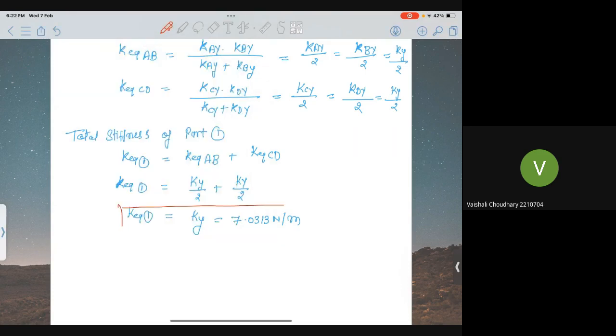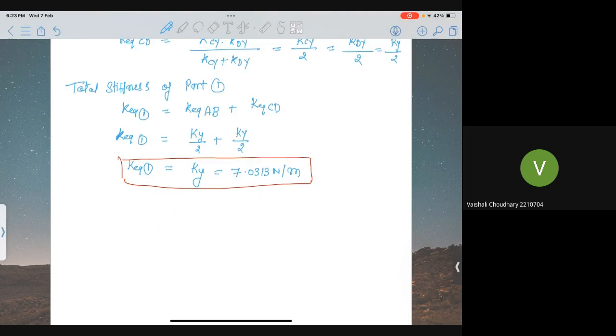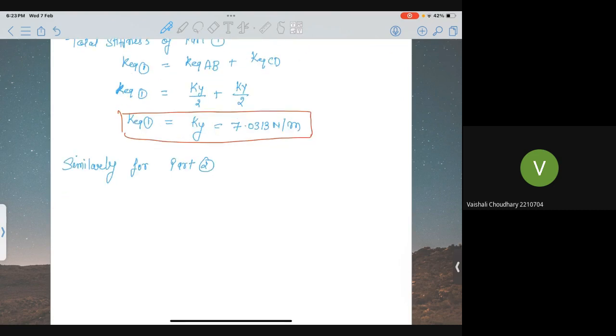So this is for the first part. Similarly, for the second part, the procedure will be the same. So we can directly write that K equivalent for the second part will be the same as the first part, which is 7.0313 Newton per meter. Okay.